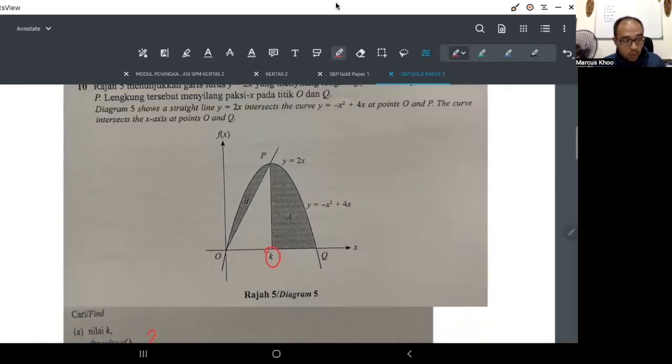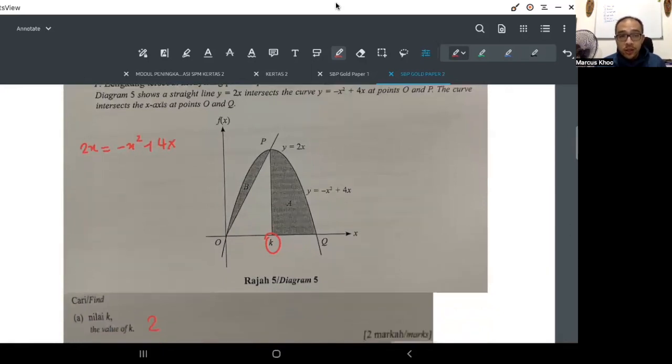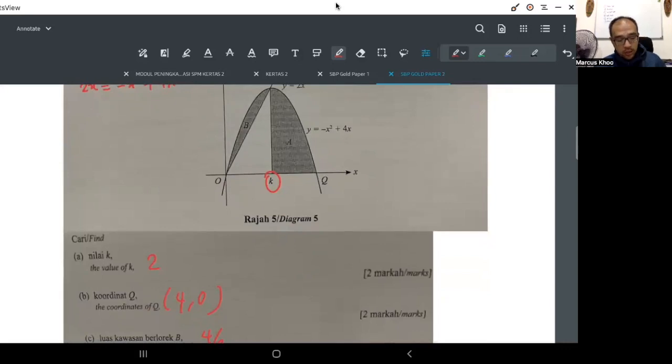We use y equals y: 2x equals negative x squared plus 4x. You solve this and you will get two values of x: x equals 0 and x equals 2. Obviously we don't want 0 because it is not logical. So k must be equal to 2.